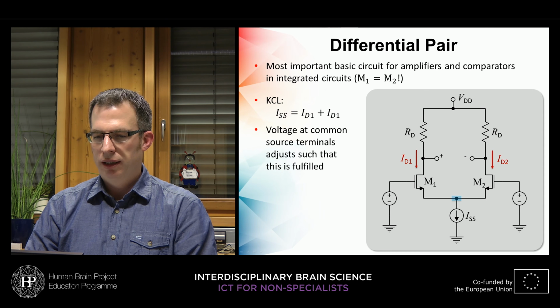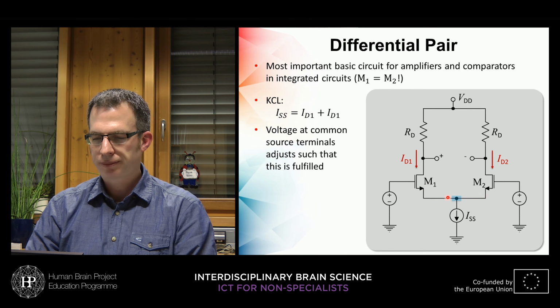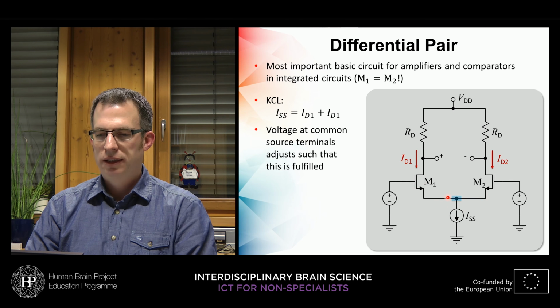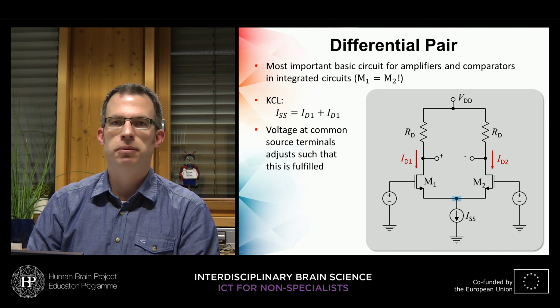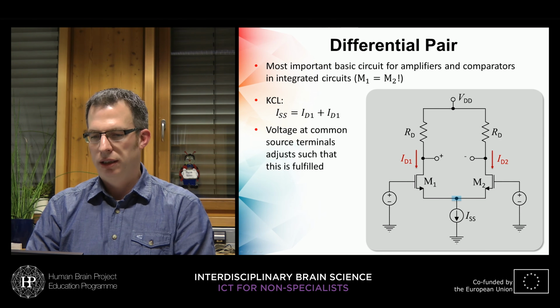And you may wonder how this can go at all, but the transistors and also the current source will adjust in a way that the voltage here at the common source terminals of the transistors adjusts such that this is fulfilled. So the currents will be exactly this sum.